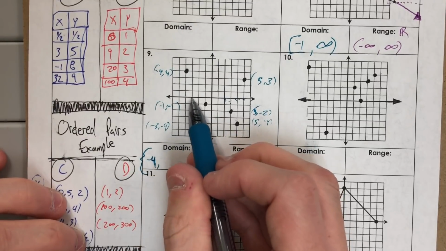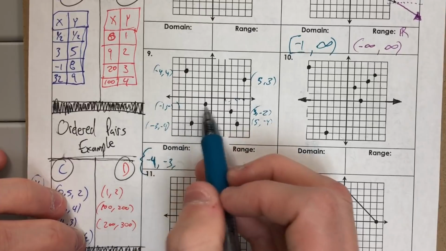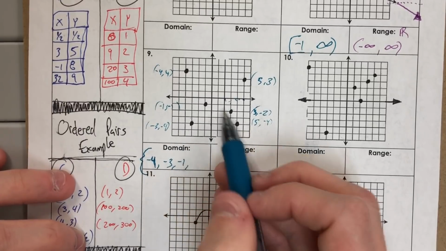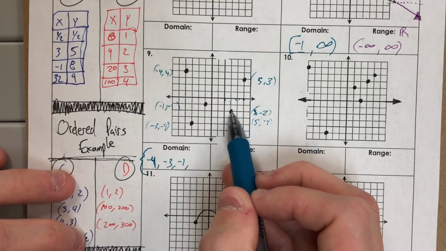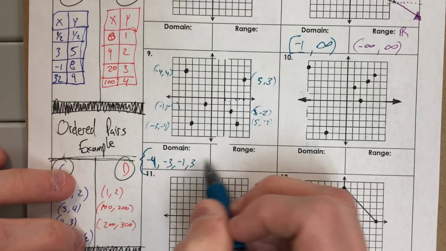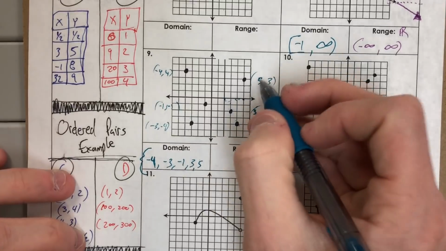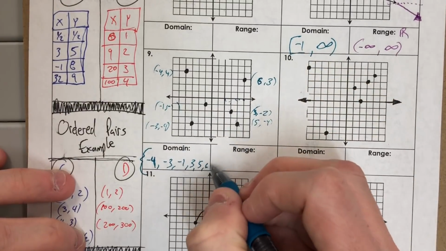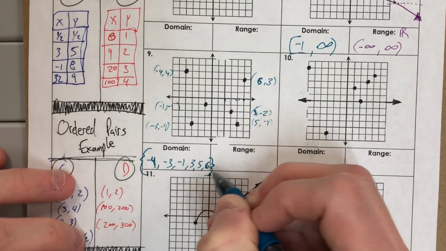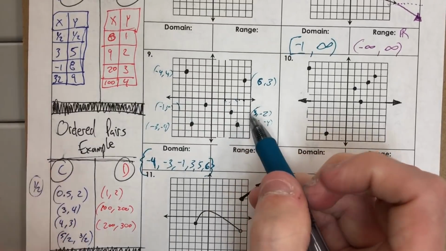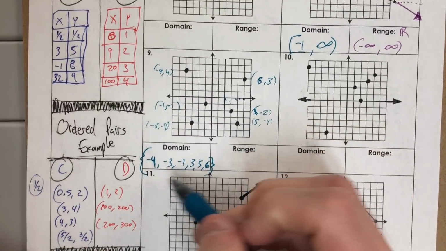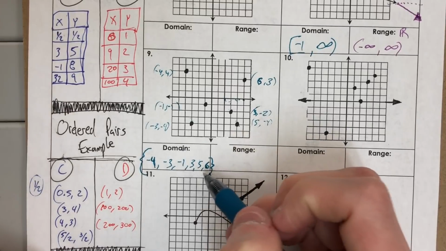Our next x, which would be -3. Our next x that we hit would be -1. The next one would be this one, which is 3. And then we have one at 5. And this one's actually 6, I realize now. So 6, because if it was 5, that wouldn't be a function. All right, so -4, -3, -1, 3, 5, and 6.